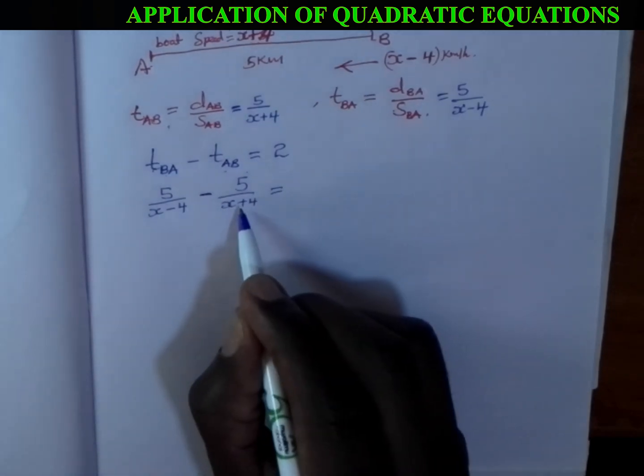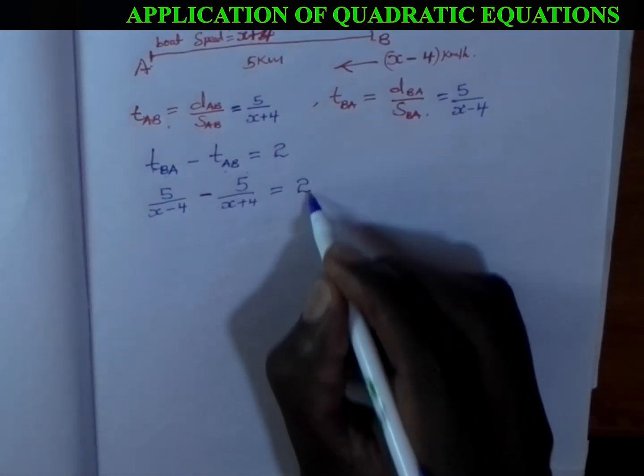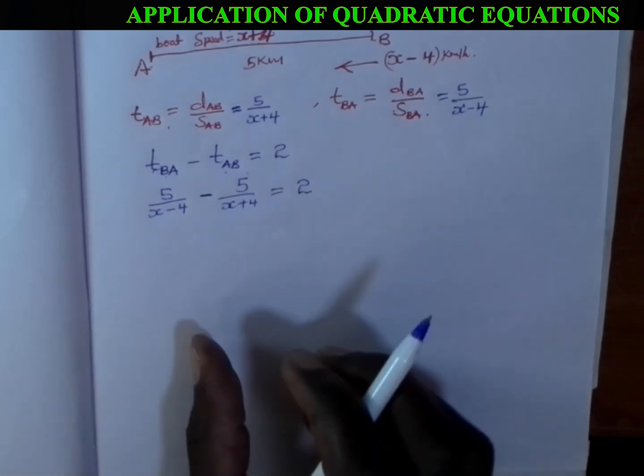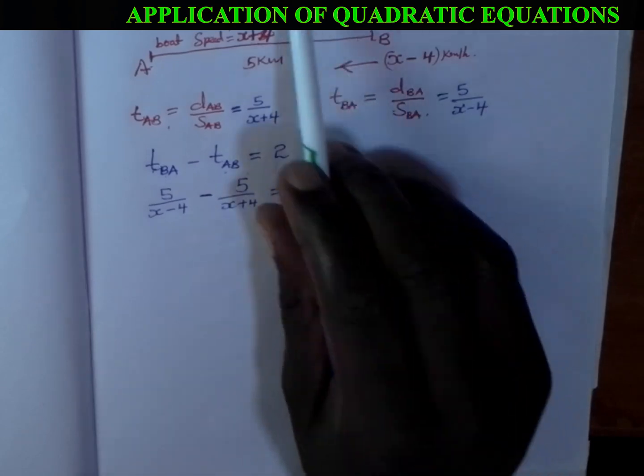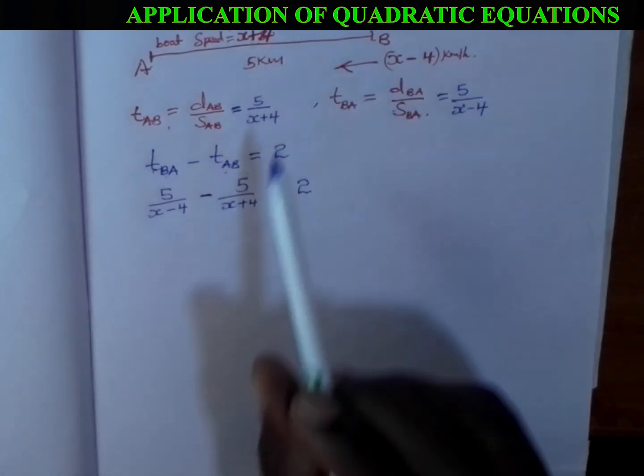So if you work it out, it should give us 2 hours. So it took 2 hours more. So we need to find the value of x.